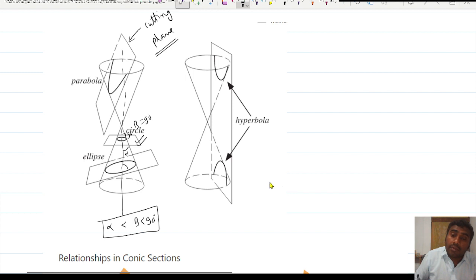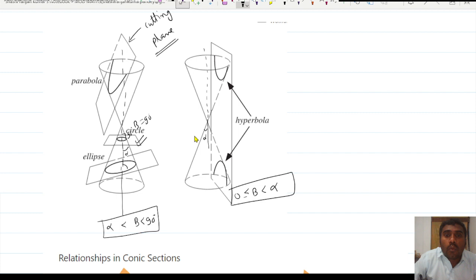The hyperbola forms when alpha is greater than beta, and beta is greater than or equal to 0 degrees. Here alpha is actually greater. This is your alpha. What is your beta?